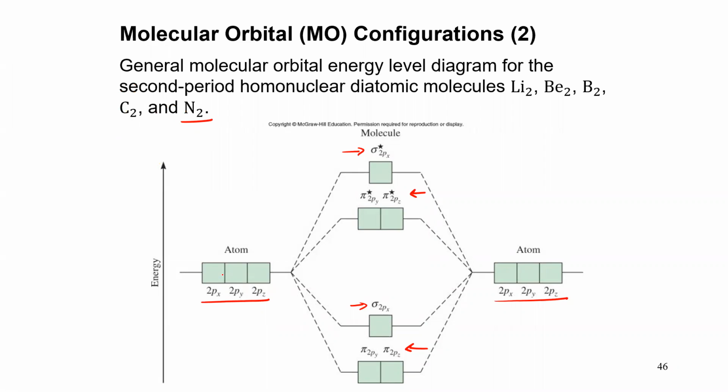How many valence electrons in the p subshell for each nitrogen atom? Is it 3? 3, that's right. So nitrogen has 5 valence electrons. 2 of those are in the S subshell, 3 of those are in the P.